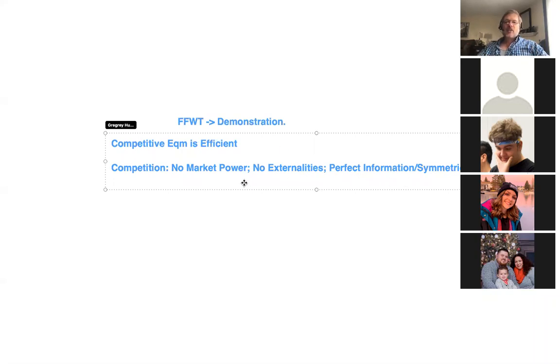So how would we demonstrate this? Well, really, what we want to do is take a look at our supply and demand graphs, and what you want to notice, here's the demand curve.